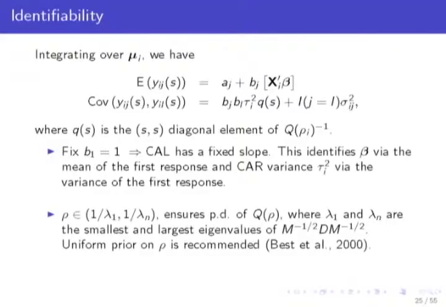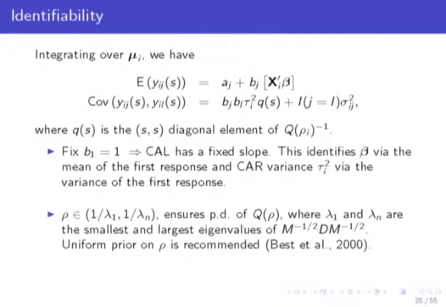A good way to do it is to fix b1 equal to 1, so I assume CAL has a fixed slope. And no matter, I would like to also see how CAL is correlated with pocket depth as well as bleeding on probing. Doing that, it will identify beta via the mean of the first response and the variance via the variance of the first response.